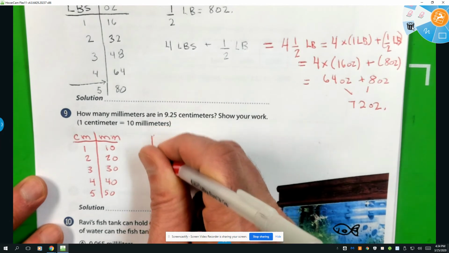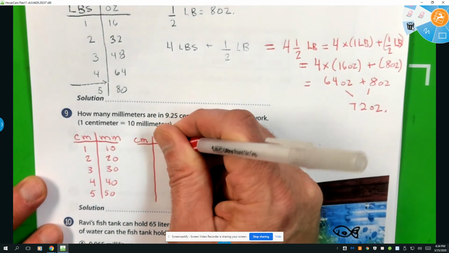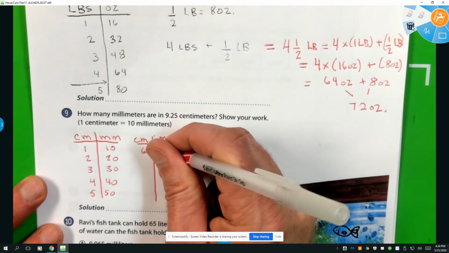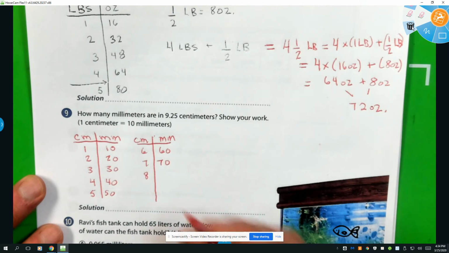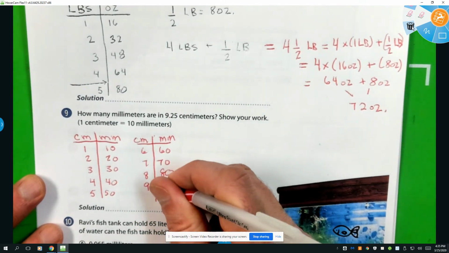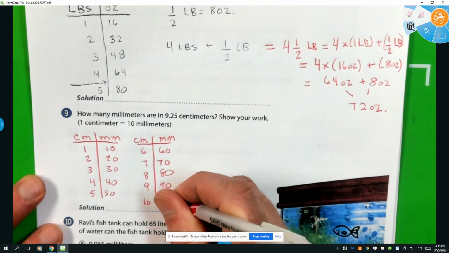I'm just going to keep on with my table. Centimeters, millimeters, 6 for 60, 7 for 70, 8 for 80, 9 for 90, and now 10 for 100.